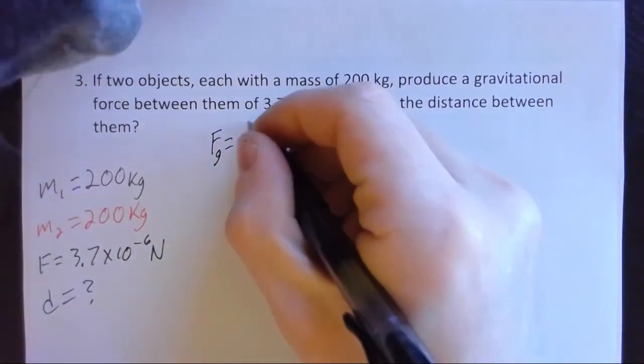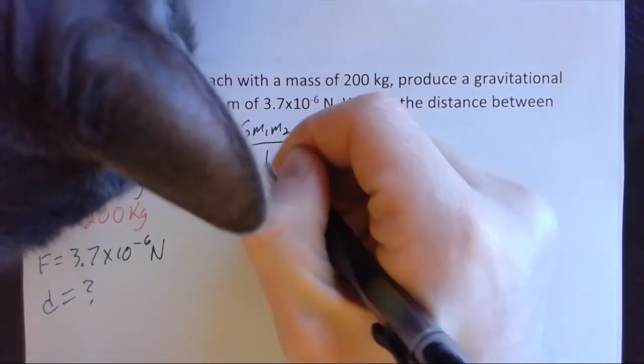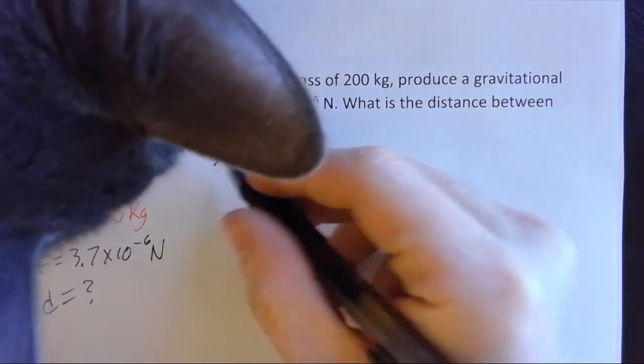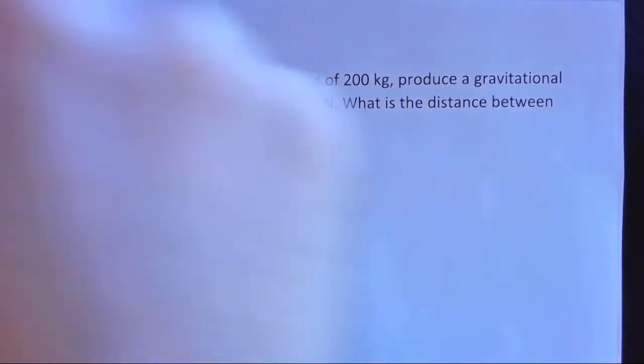We know that the force of gravity is equal to the gravitational constant times the mass of each object divided by distance squared. We can rearrange this equation by moving distance from the denominator by multiplying it by both sides.